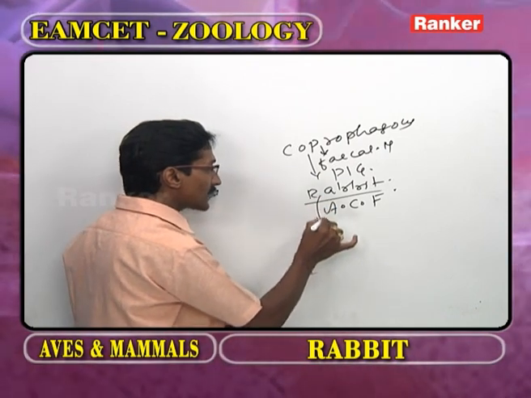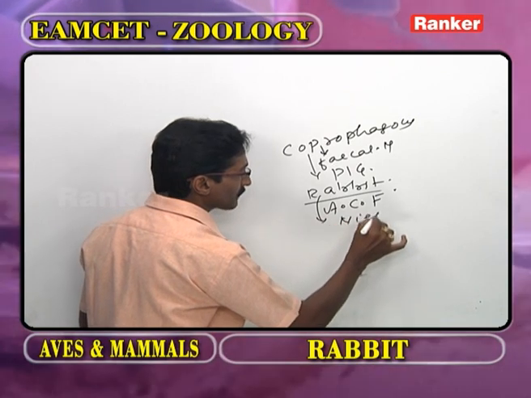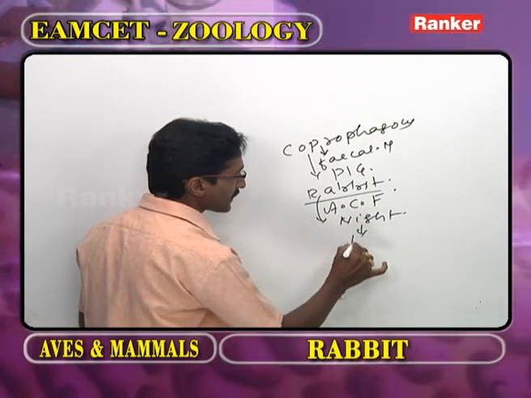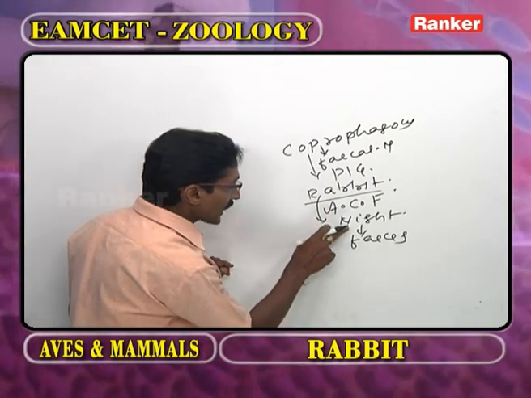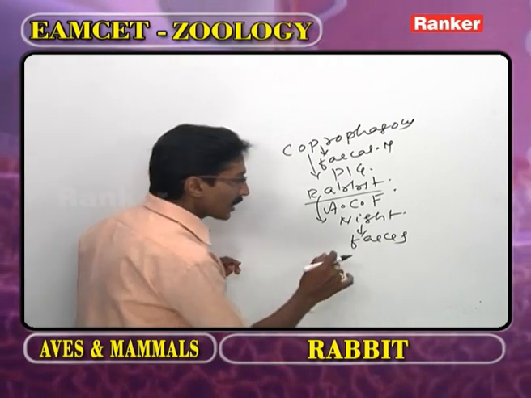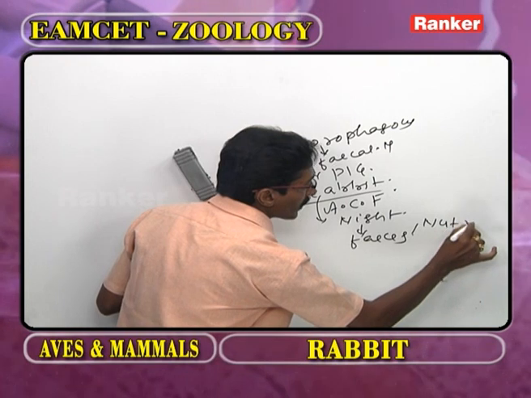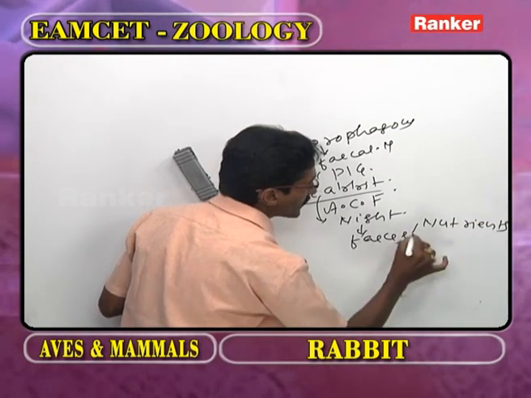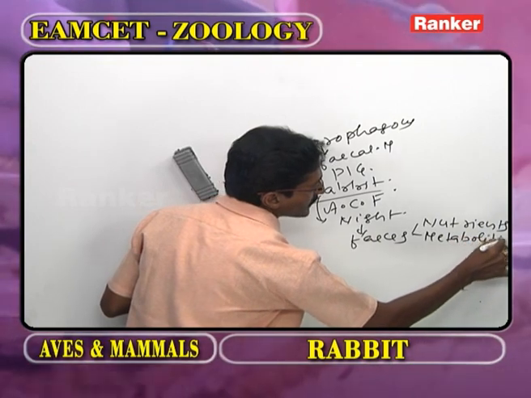As we observe the life history of rabbit, during the night time, it releases the feces. During the night time, the rabbit releases the fecal matter. Now in the fecal matter, what are present? Some important nutrients and some metabolites are present.